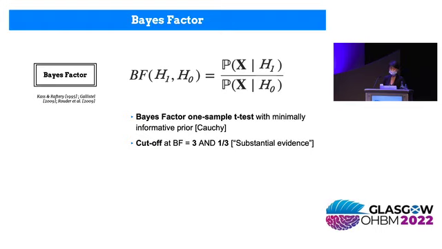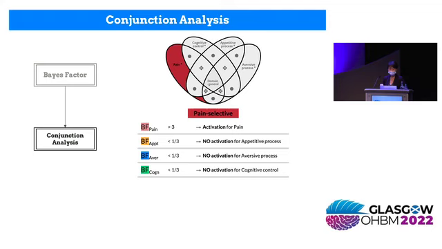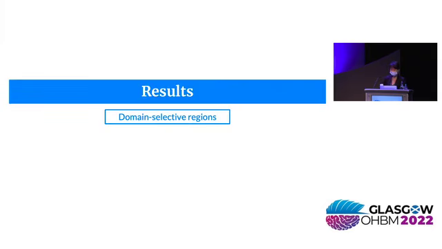These Bayes factor results, followed by a conjunction analysis, allowed us to identify voxels that are domain selective or domain general. Domain selective voxels are defined as voxels that exclusively respond to one of the domains, but not to the others. And domain general voxels are defined as the ones that respond to all domains that we included.